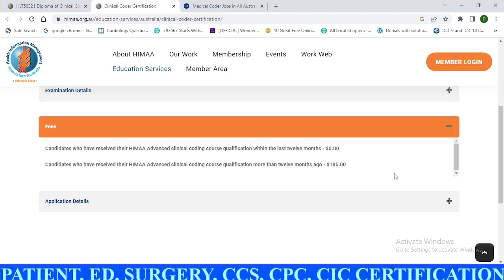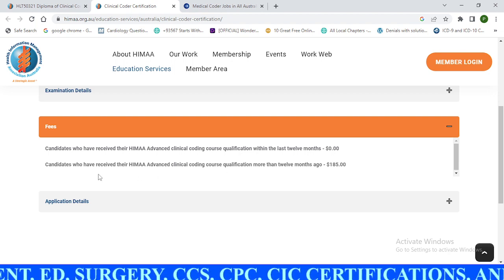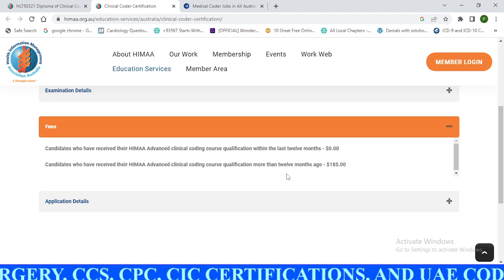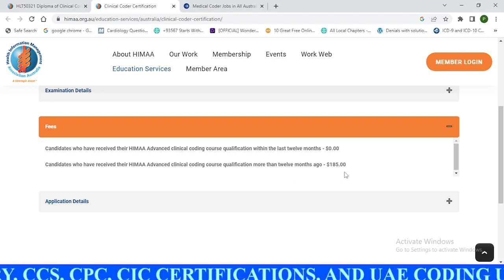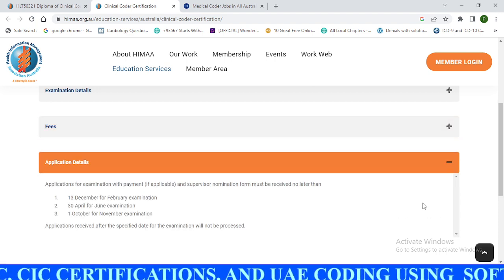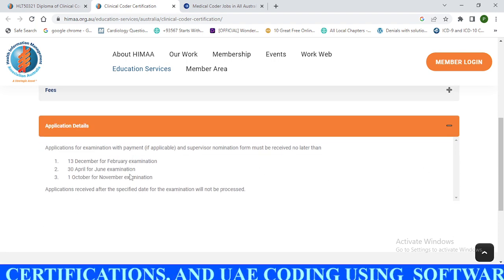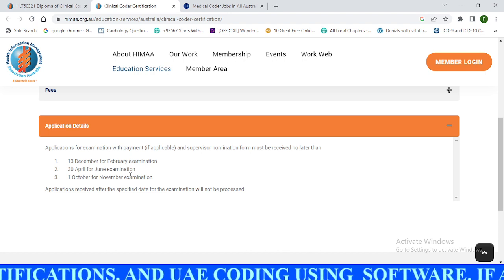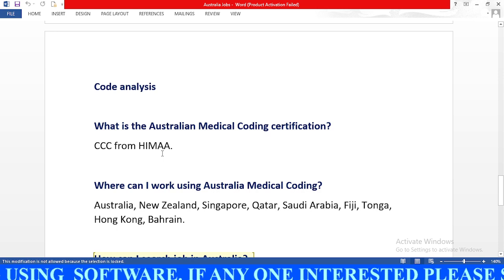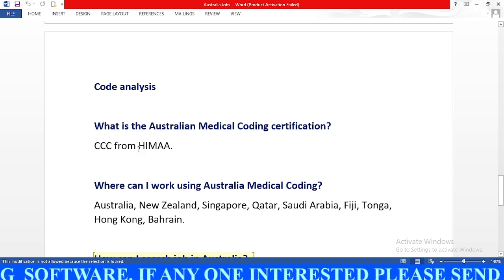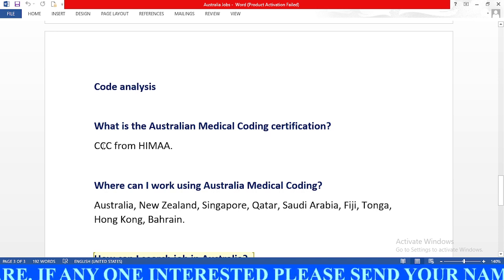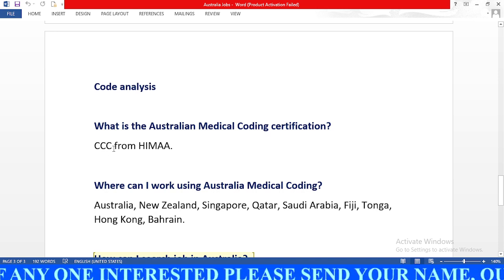Candidates who received their HIMAA advanced clinical coding course qualification more than 12 months ago pay $185. So these are the application details and timelines to apply for the CCC certification. If you want more information, go to the HIMAA website and check the CCC clinical coder certification.